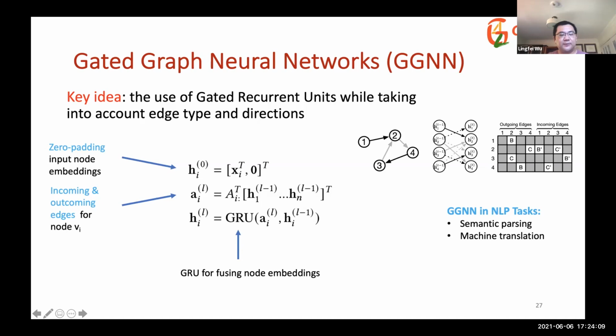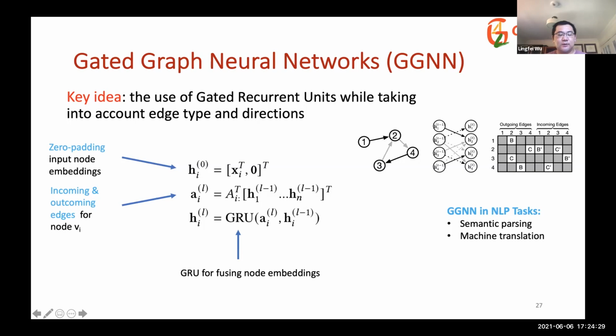A little bit different from all previous methods, it considers incoming and outgoing edge information. So this method can naturally deal with directed graphs, not like GCN, which cannot be used for directed graphs without any modification. It is only designed for undirected graphs.